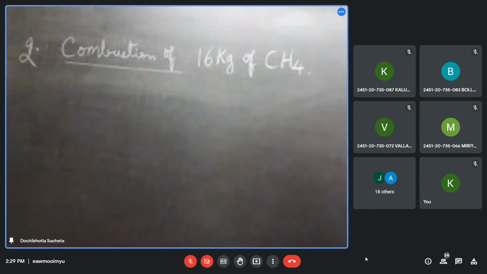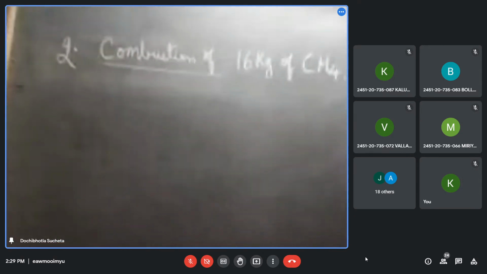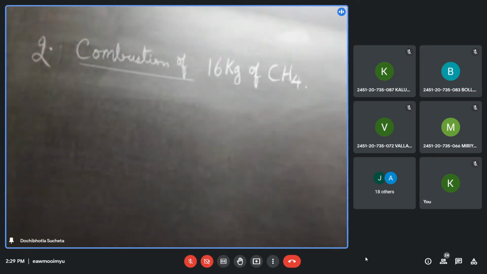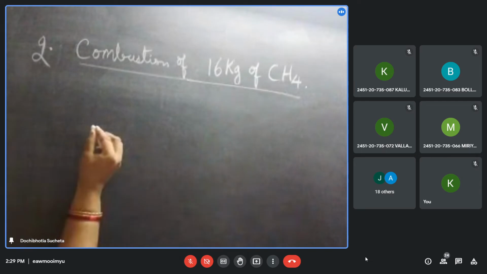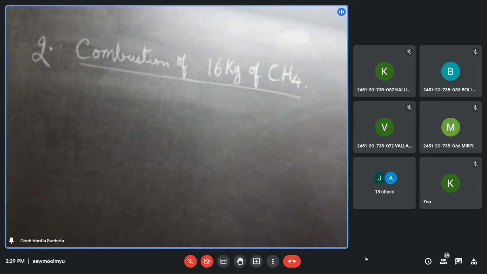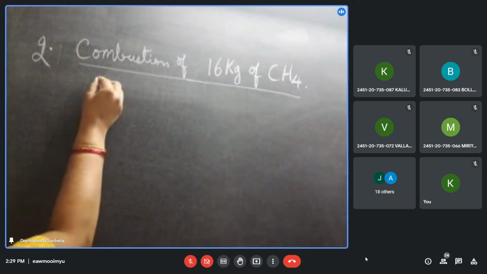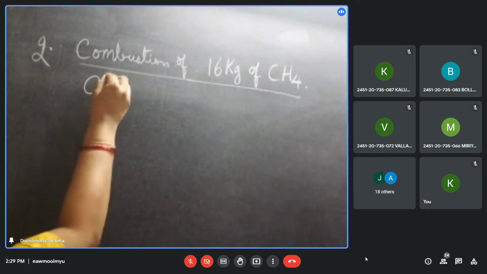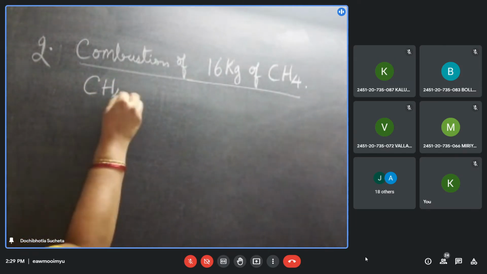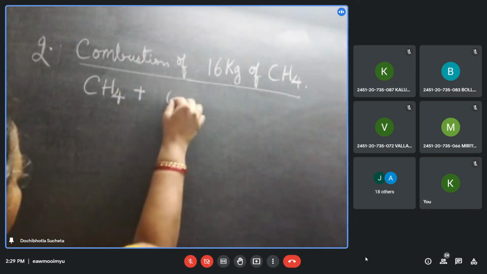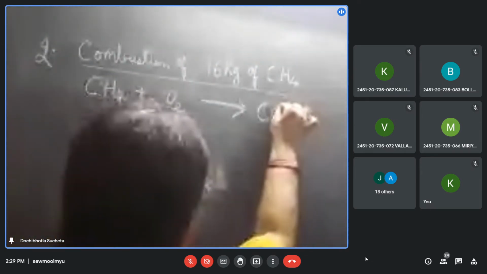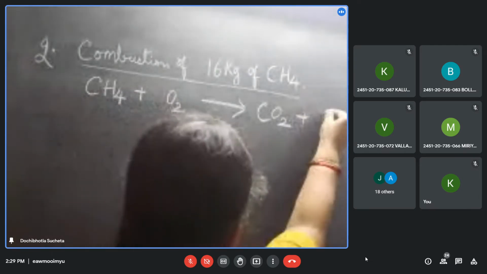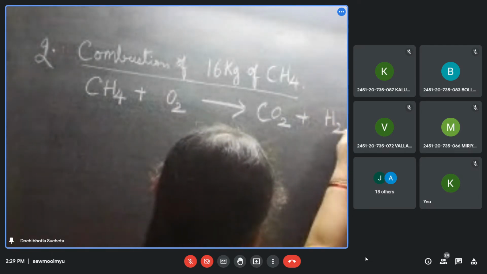Okay, that's the one. So what should I do? First I should write the chemical equation. Always you should first write the balanced chemical equation. CH4 reacts with oxygen to form carbon dioxide, CO2, plus H2O.